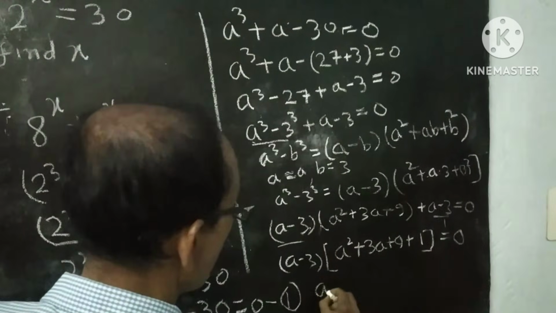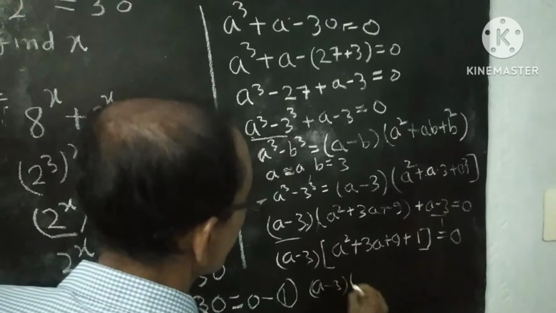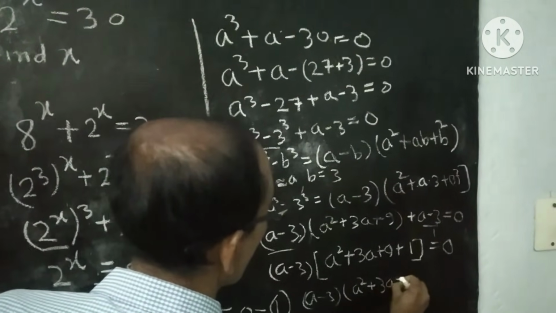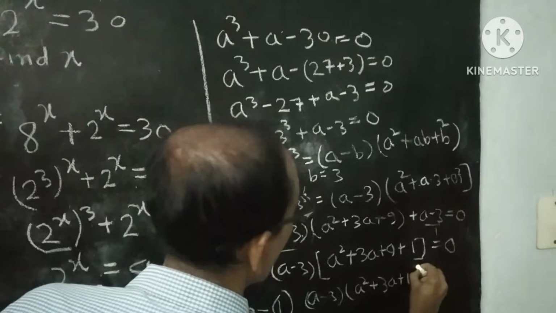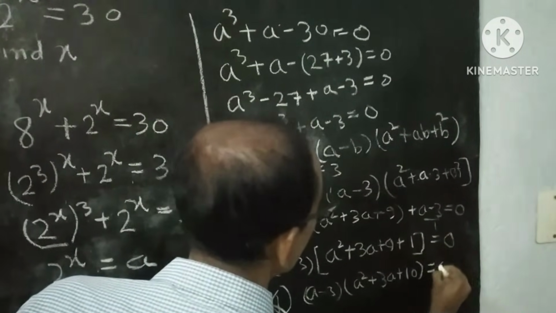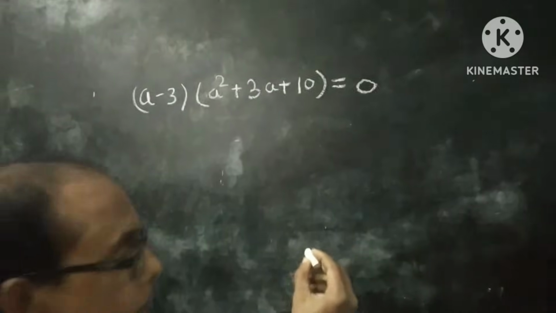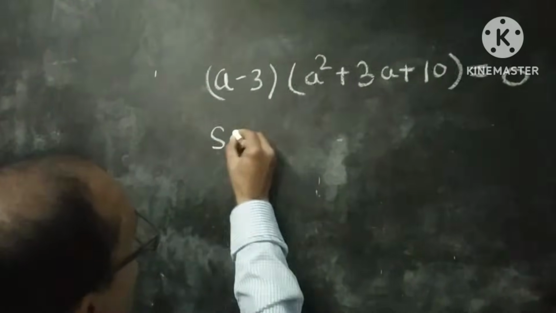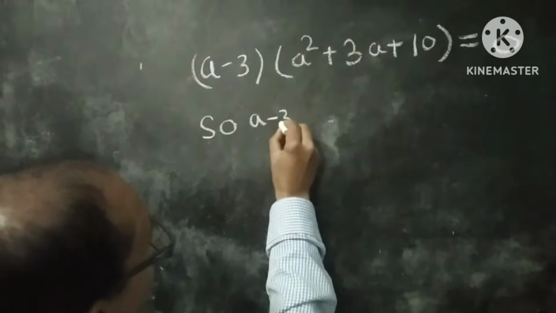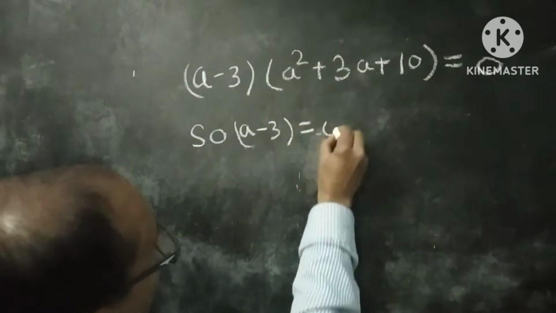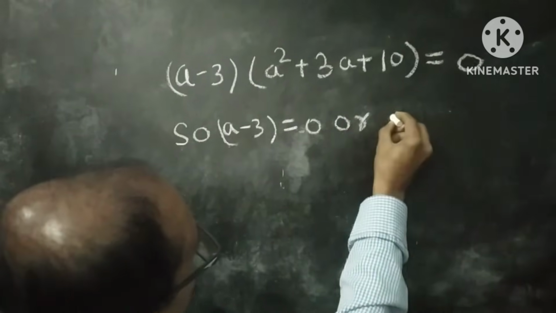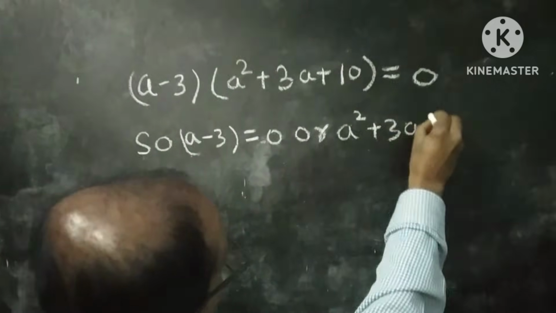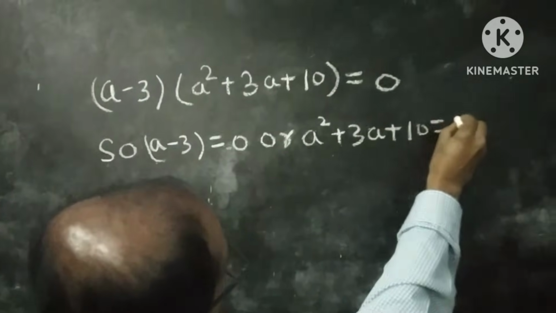So (a minus 3)(a square plus 3a plus 10) equal to 0. So a minus 3 equal to 0 or a square plus 3a plus 10 equal to 0.